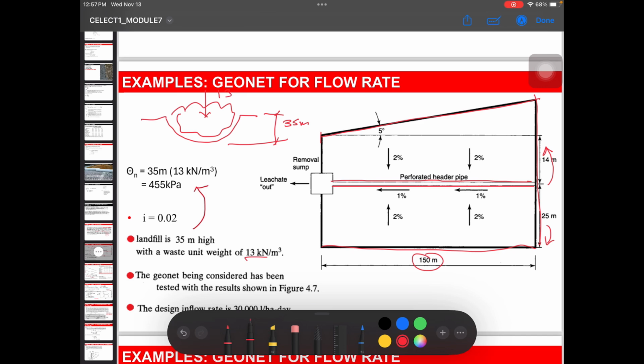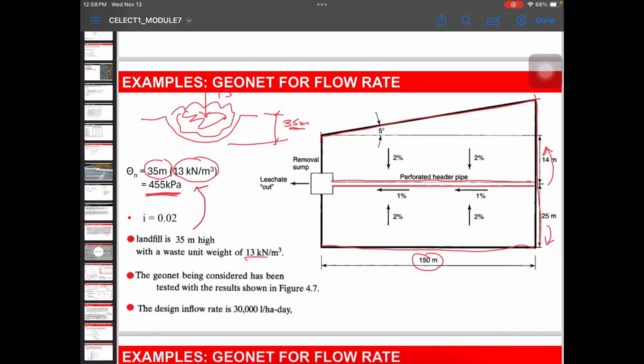So, meron ka unit weight ng basura. So, pwede mong makuha yung pressure due to this waste. That is by, multiply mo yung height times yung unit weight ng basura mo. So, you get yung normal pressure na 455 kilopascal.